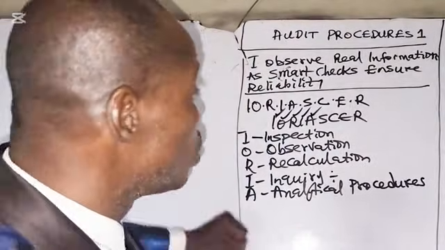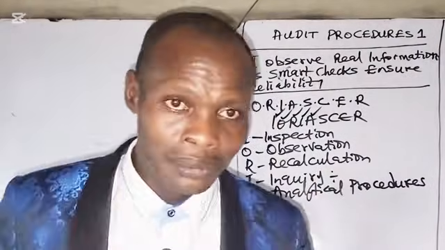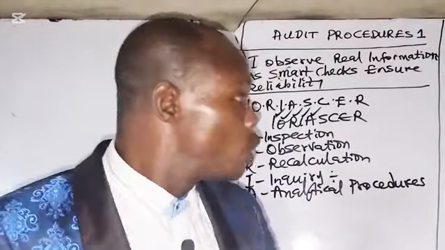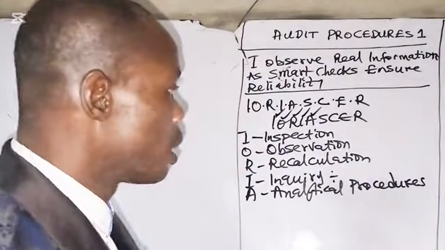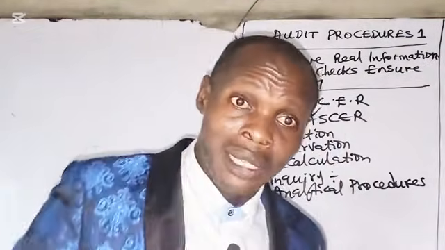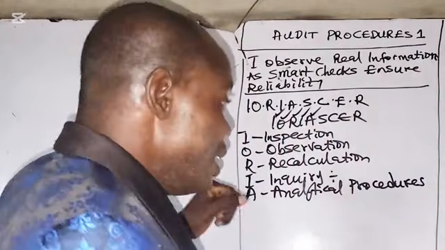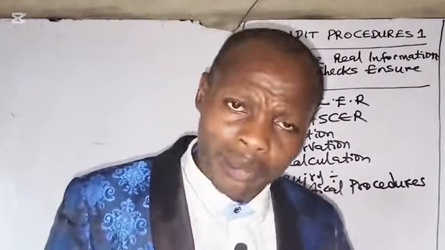Analytical procedures: you compare numbers, ratios, and trends. Example, sales doubled, but expenses didn't move. That means suspicion is activated, you'll be suspecting that something is wrong.